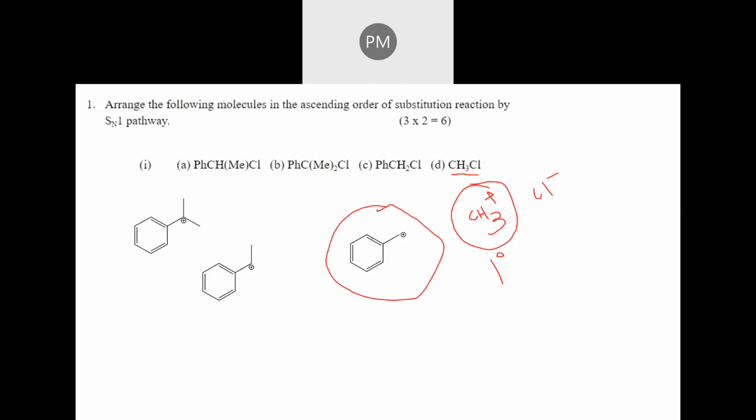In a benzyl group there is a pi surface in the molecule, so the pi electrons can stabilize the carbocation.